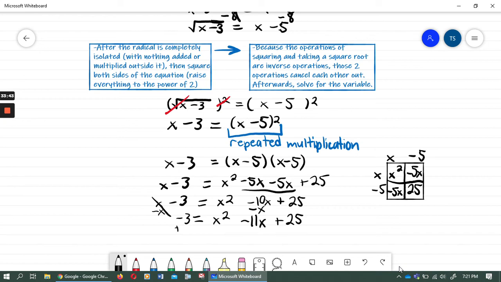And then if I add 3 to both sides, alright, that cancels out. Again, folks, if we're using the quadratic formula or trying to solve by factoring, we want one side of the equation to be equal to 0, and we want the other side of the equation to be written in standard form. Alright, so here, x squared minus 11x, when we combine the 25 and the 3, that is plus 28.